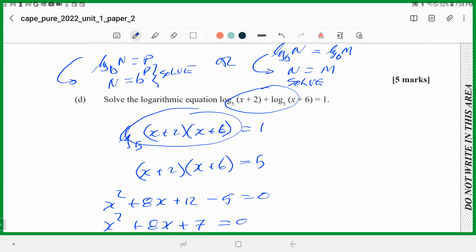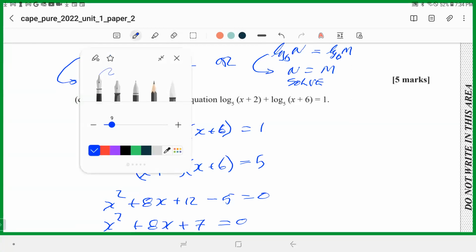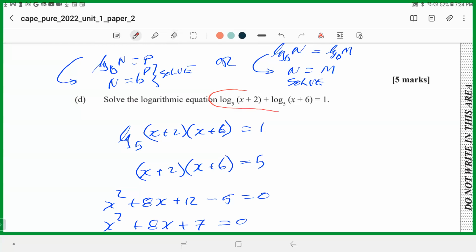The rest of it is basic stuff. Once you know the laws of logs, and you know that this equals this, the rest of it is nothing. That's it.